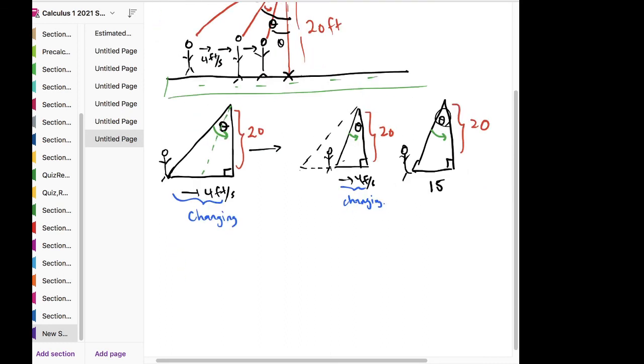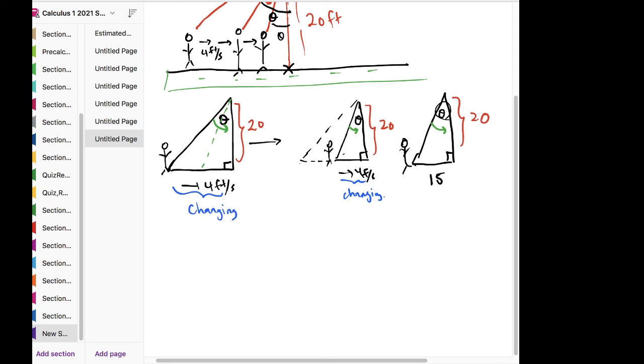Okay, do we know a formula that relates the sides of a right triangle and the angle? Right, these are the three pieces of information that we know, at least that we care about: the angle and the two sides. What formula can help us? You don't have to go straight to arctan, but the right idea.